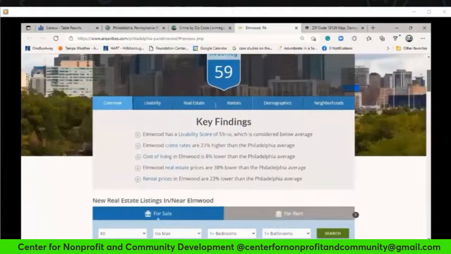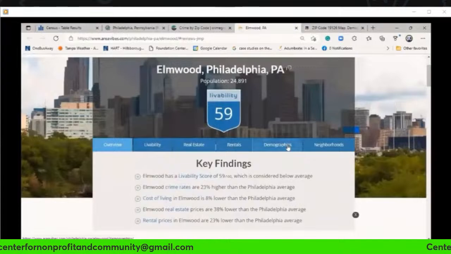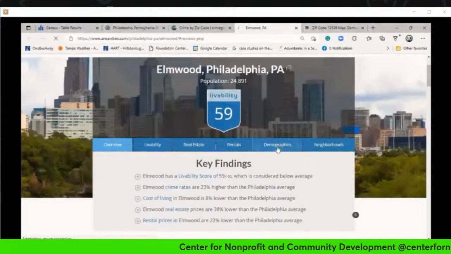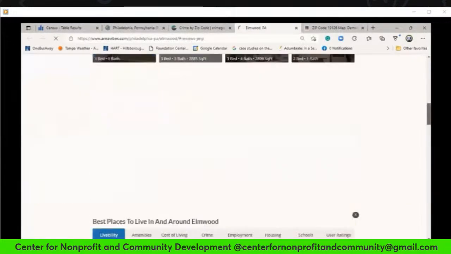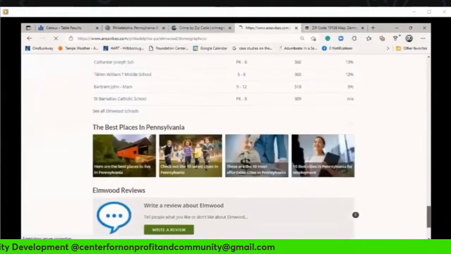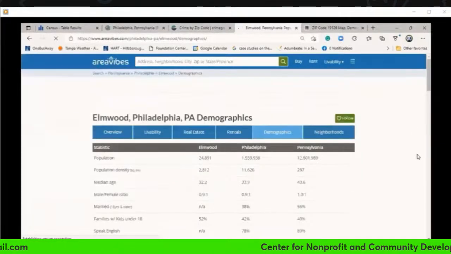Now, we can also come back to the site and then get some demographics. Let's look at some demographics. Okay, here we go.